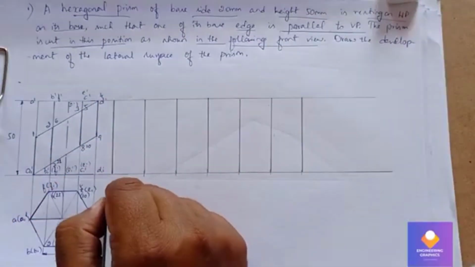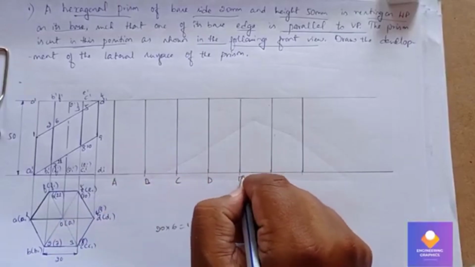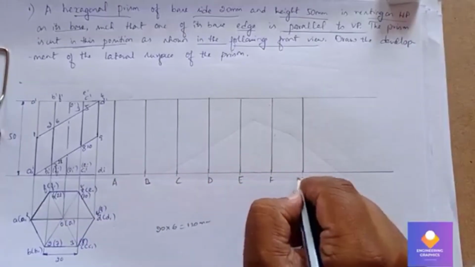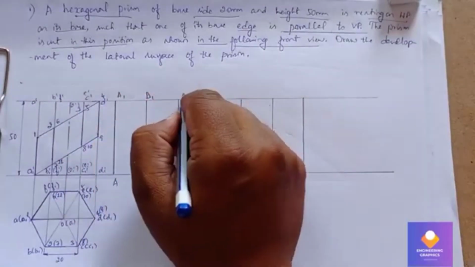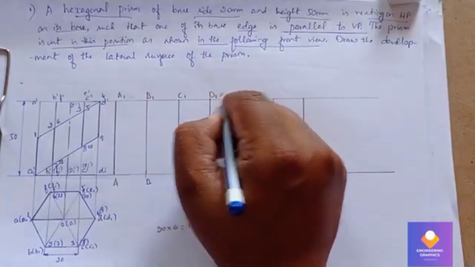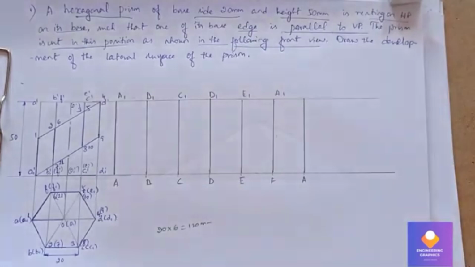So now we can mention capital A, B, C, D, E, F, A. For the top face also we write A1, B1, C1, D1, E1, F1 and A1. So we'll mention it. So that is F1 and A1.